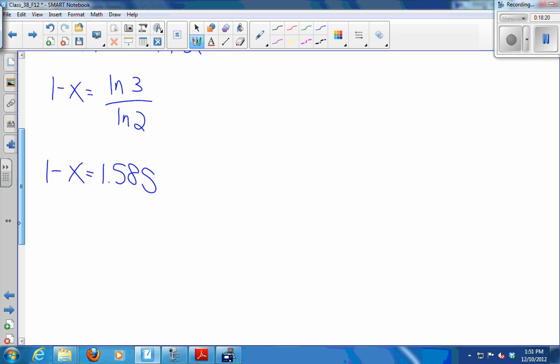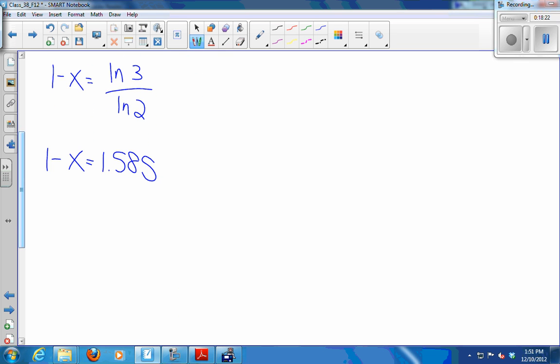So now that I have 1 minus x equals 1.585, what should I do? Subtract 1 from both sides. Okay, so I get negative x is 0.585. Divide by negative 1. So I get x is negative 0.585.